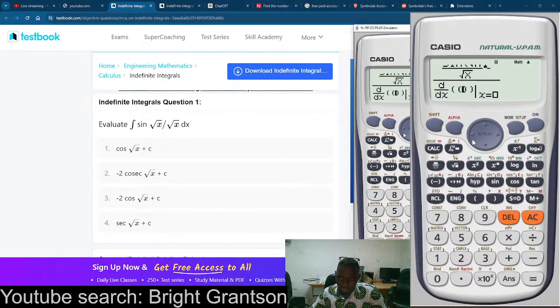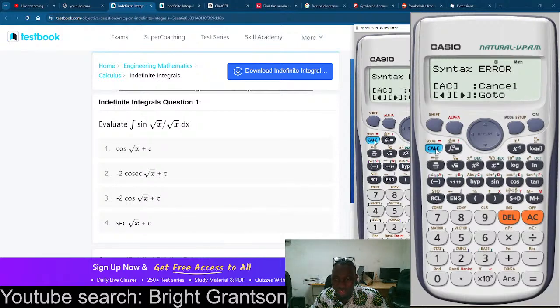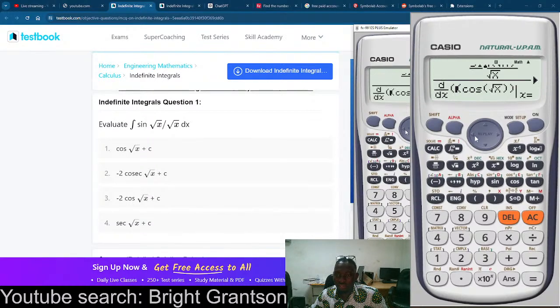Then we try any of the options. Let's put another bracket inside here. So let's see, cos of root x. Now we set the differential element to 0.1. Then we press the CALC button. When you press the CALC button, it says syntax error.